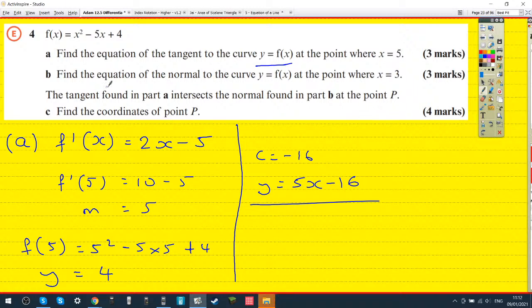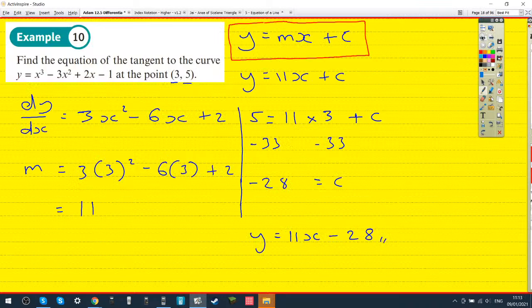Okay, they want now the equation of the normal when x is 3. Any idea what that's about, the equation of a normal? No. That means it has the perpendicular gradient. Any idea the difference between gradient and perpendicular gradient? If it was going horizontal, would it be going vertical?